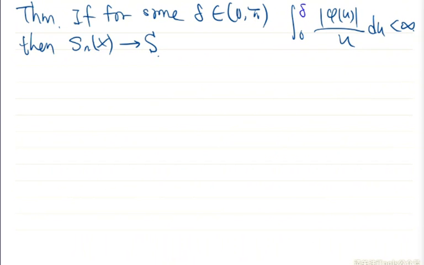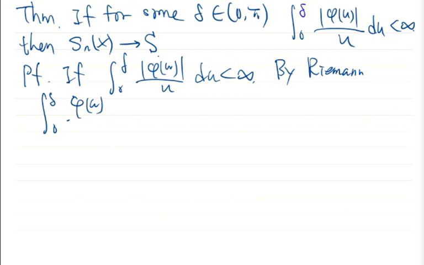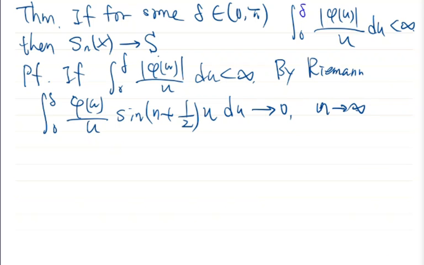Proof: if the integral from 0 to delta of phi(u) over u is finite, by the Riemann lemma, we know that the integral from 0 to delta of phi(u) over u times sine of (n plus half) u du goes to 0 as n goes to infinity. Of course, you can add 1 over pi in front of this.